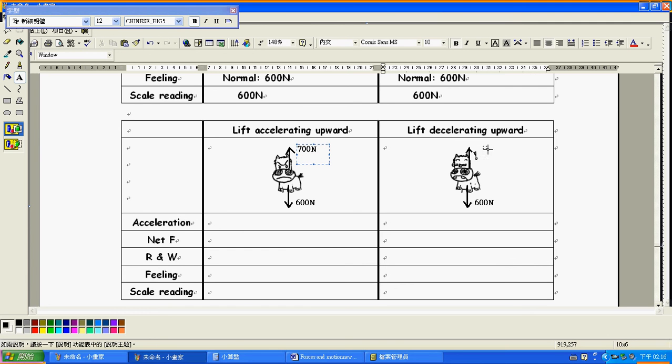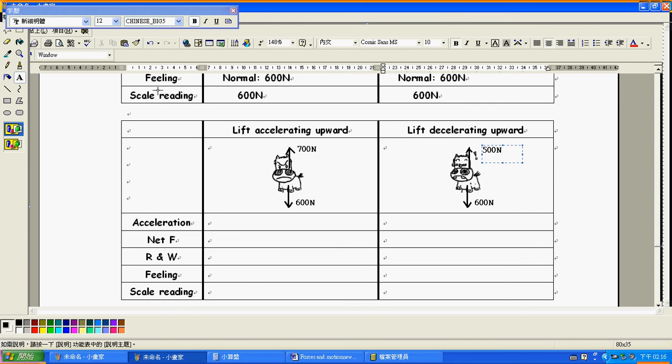And then for the lift decelerating upwards, the normal reaction must be smaller. Maybe I use 500 newtons.